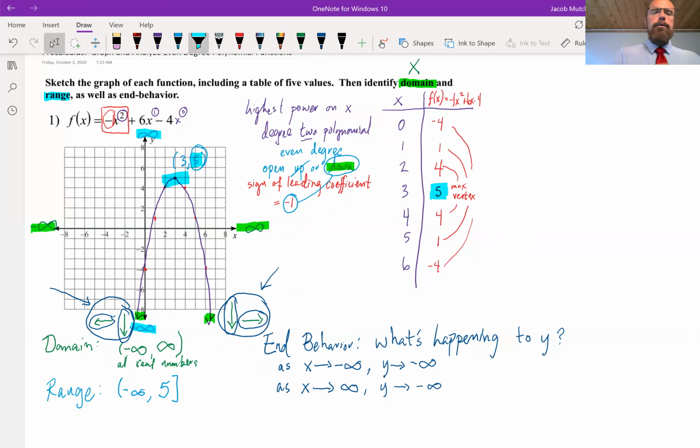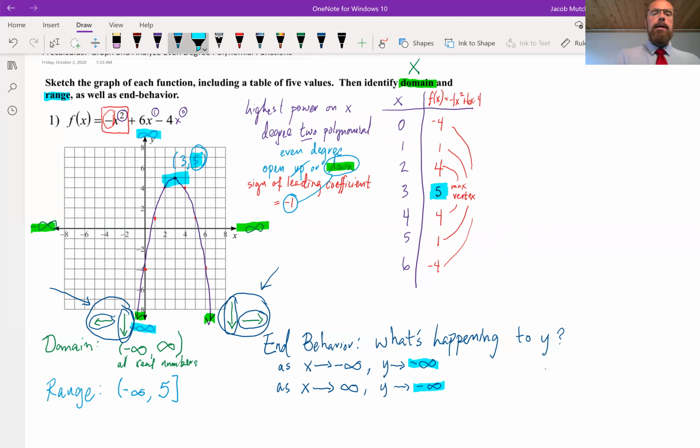Just to bring it full circle, we made a case at the beginning based on the degree of the function and the sign of the leading coefficient that both arms should be pointed down. And really, we've described that in mathematical language here in my end behavior statements.